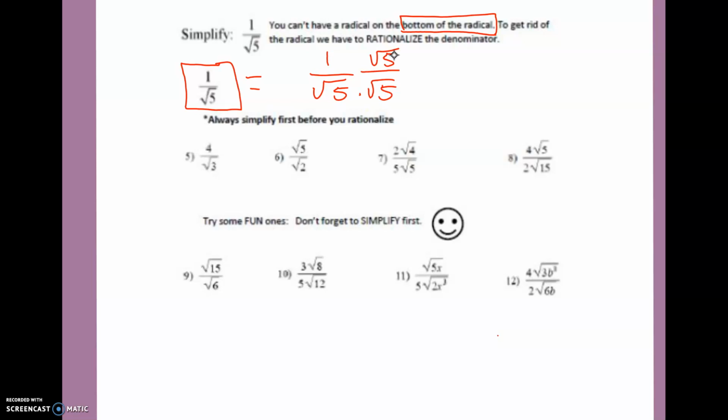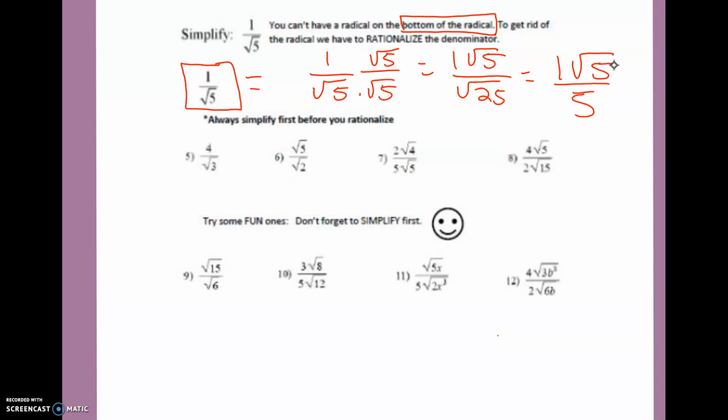So the top is going to become 1 radical 5 over 5 times 5, which would be radical 25, which will make that a perfect square. So let's clean it up. We take out the 25, it becomes 5. And again, you don't need the 1 if you didn't want to put it.